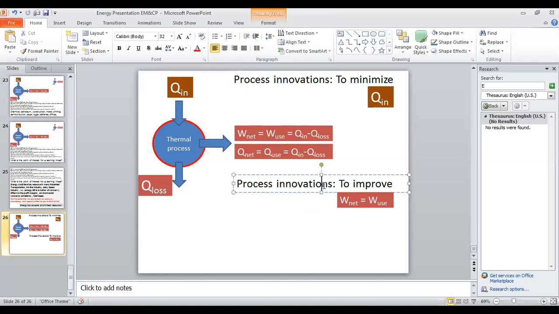Here, Q in for the same output. Process innovations to improve W net or W use for Q net or Q use.